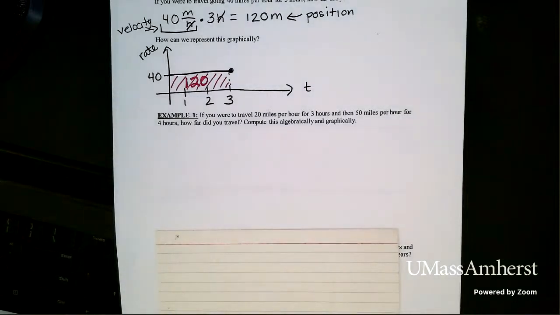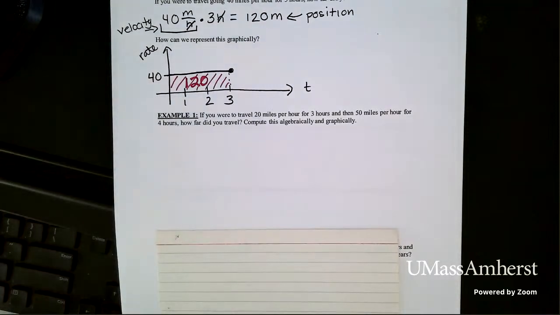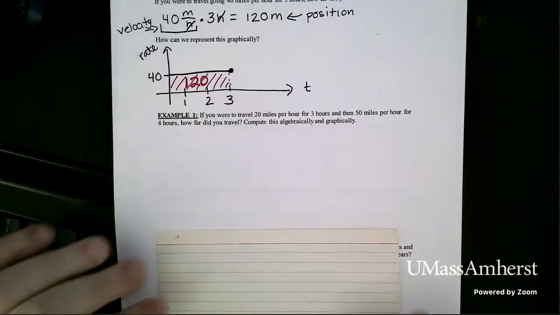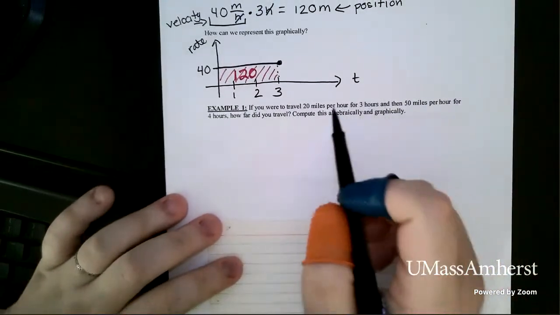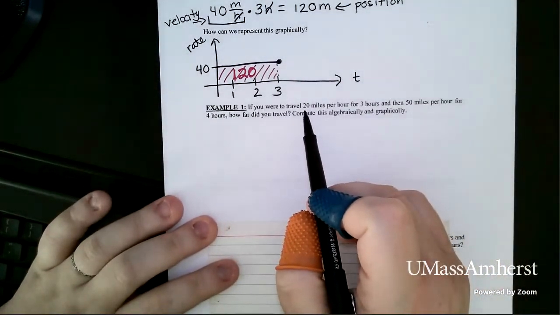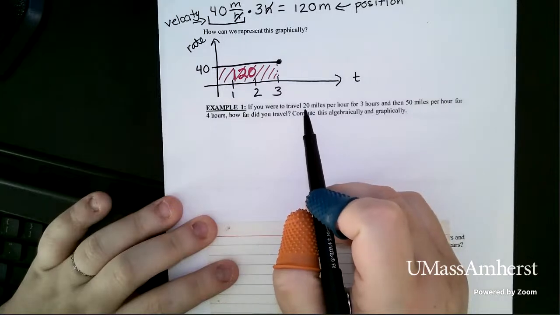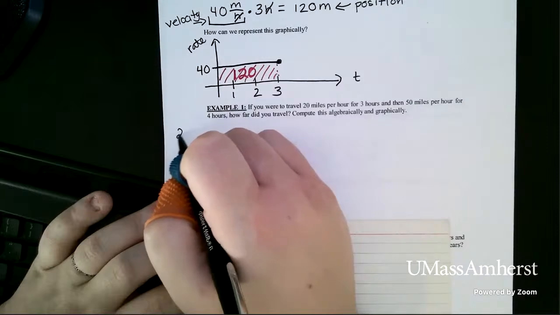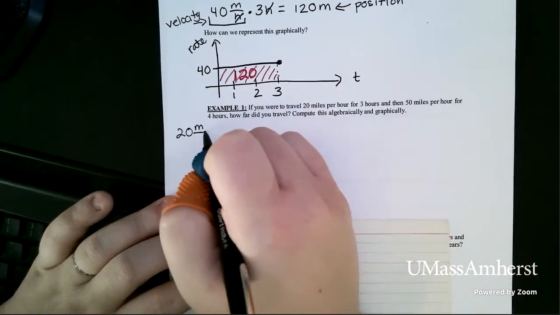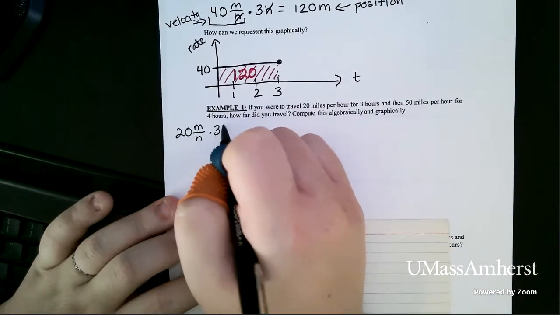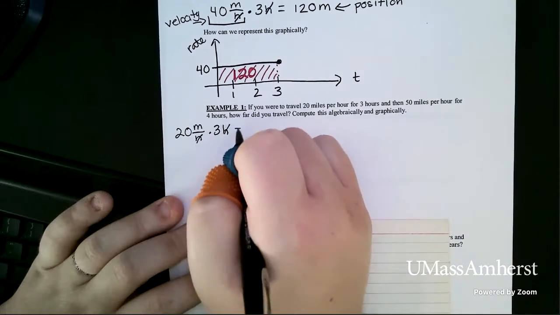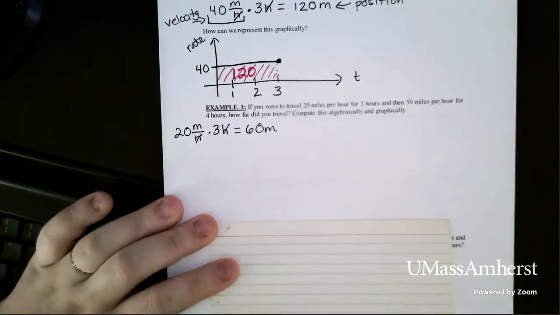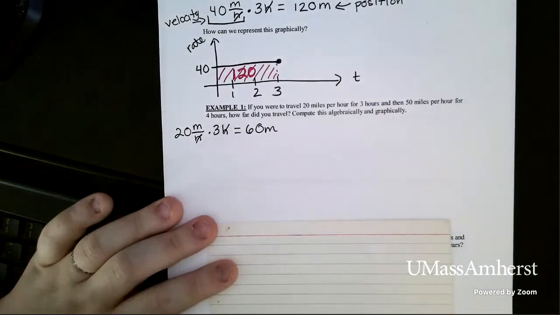All right. So again, we'll start with algebra. It doesn't actually matter if you start with the algebra or the graph. But here we want to start by doing our rate times our time. So for the first part of the trip, we're doing 20 miles an hour for 3 hours. So 20 miles per hour times 3 hours means on this part of the trip, we went 60 miles, right? Because again, the hours units cancel.